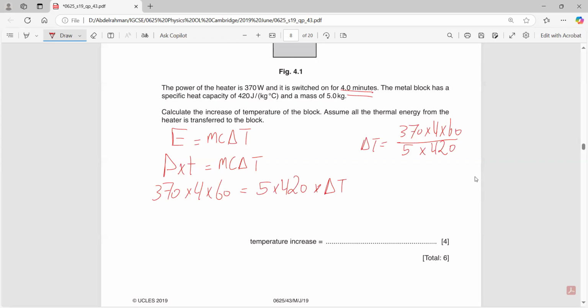This would give you a change in temperature of around 42 degrees Celsius. Again, 4 marks is a lot. That's why we had a lot of steps in this question.